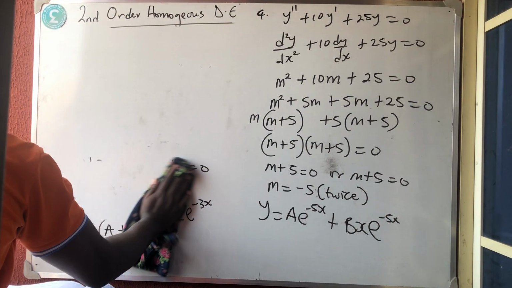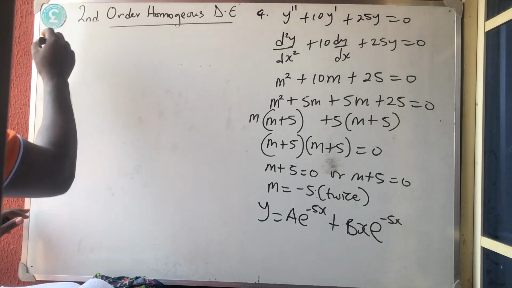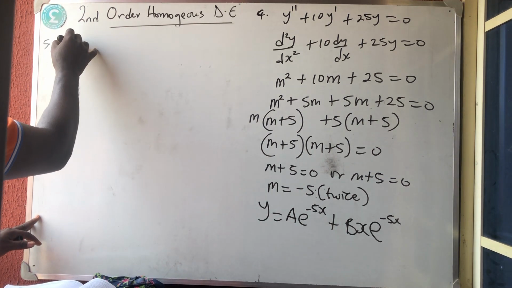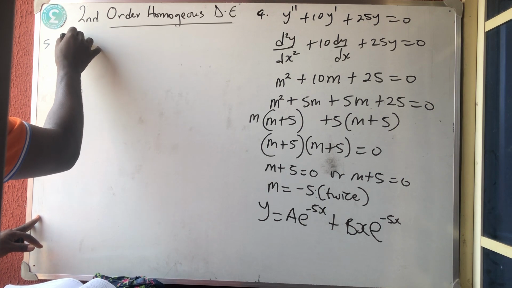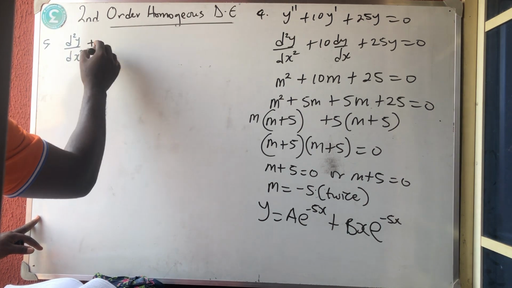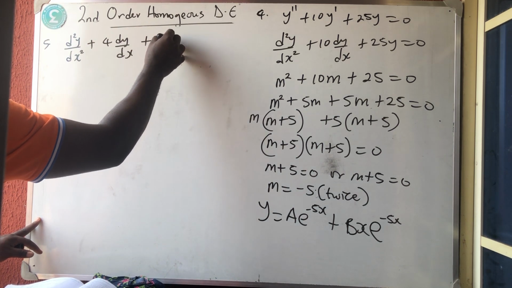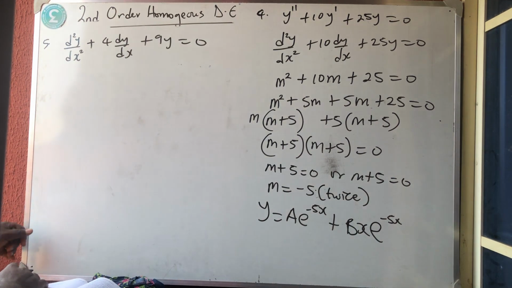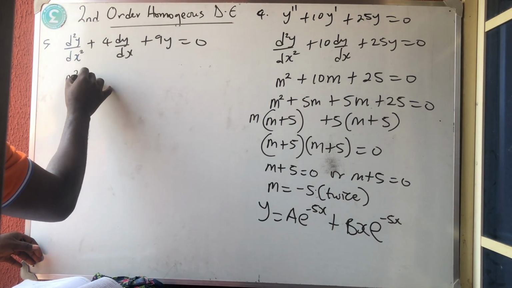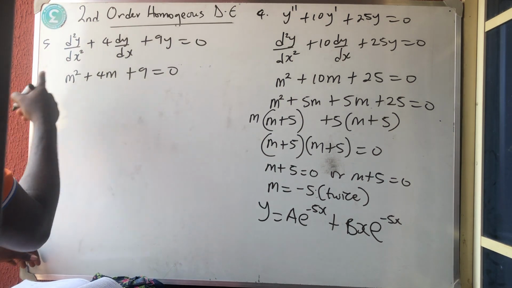So number 5 said d squared y over dx squared plus 4 dy dx plus 9y is equal to 0. So what do we say? m squared plus 4m plus 9 is equal to 0. This cannot be factorized.